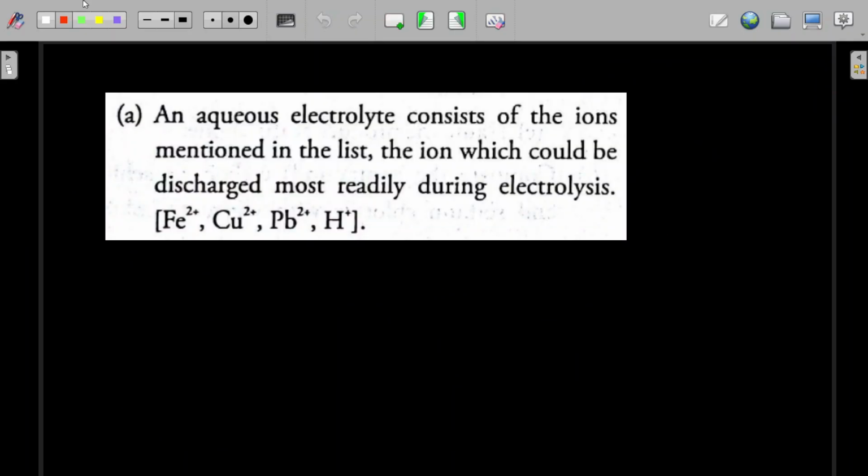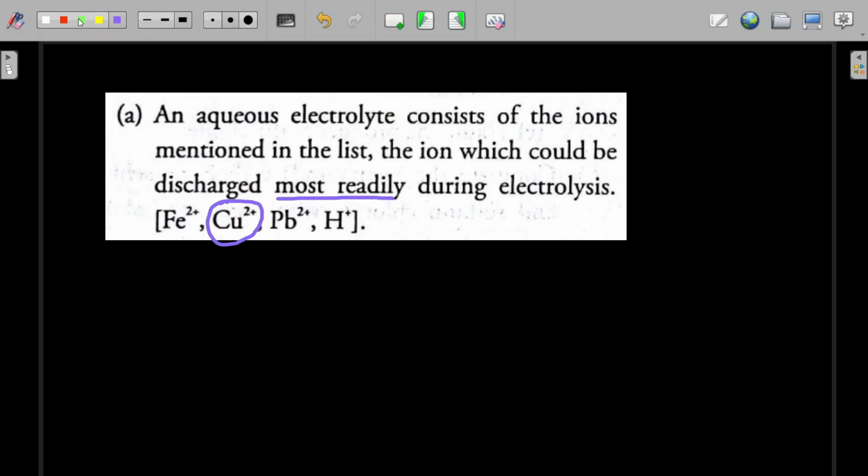Okay, the kind of questions they have asked previously. An aqueous electrolyte consists of the ions mentioned in the list. The ion which could be discharged most readily during electrolysis, right? Rohani, tell me. Yes, it's Cu2 plus.